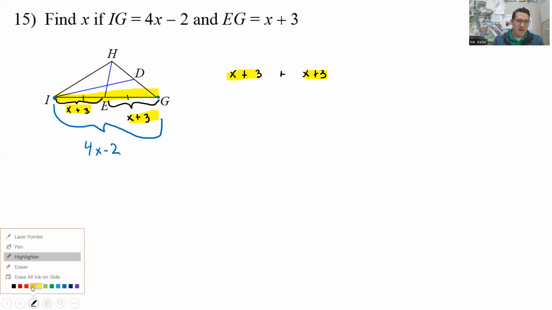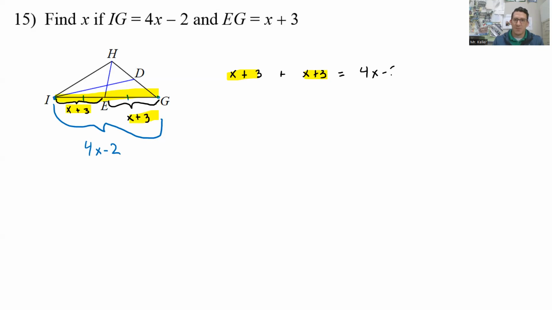So that means x plus 3 plus x plus 3 is equal to 4x minus 2, the whole thing together. Okay. I'm going to solve this now. So x and x, that's 2x. 3 plus 3 is 6. So we get 2x plus 6 is equal to 4x minus 2.